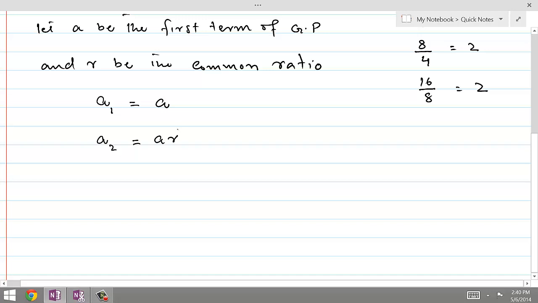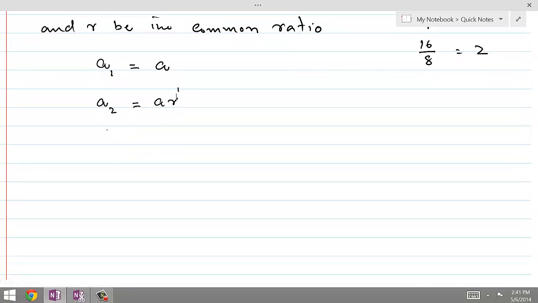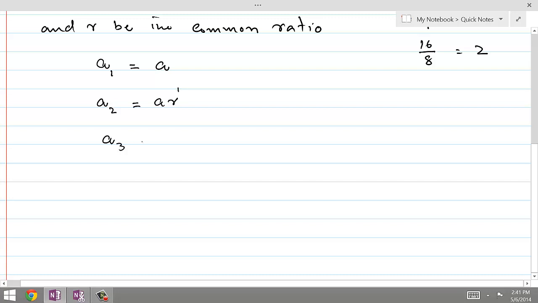And remember, R has exponent equal to 1 when there is no exponent written. In order to find the third term, we are going to multiply by R again. So the third term can be obtained if we multiply AR by R again. This will give us AR squared.